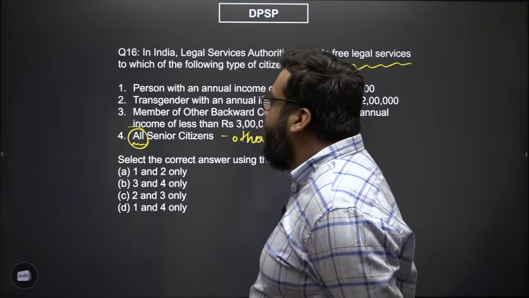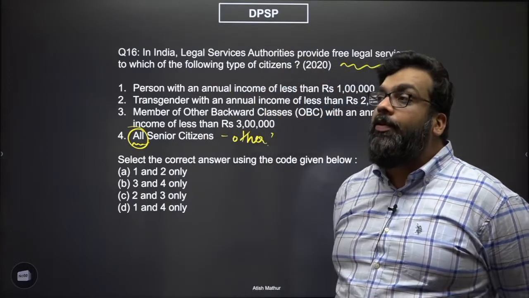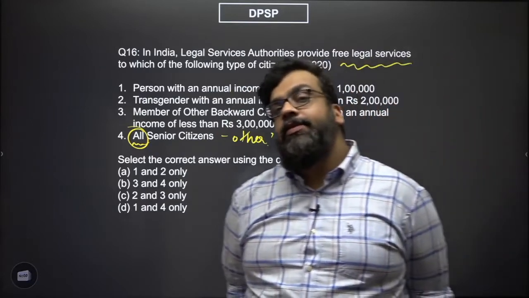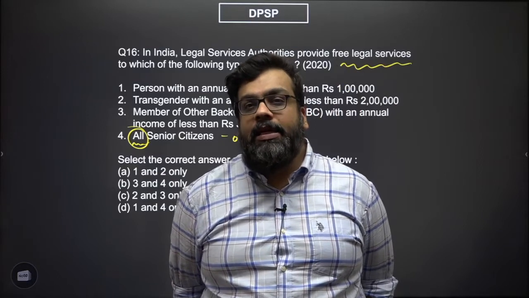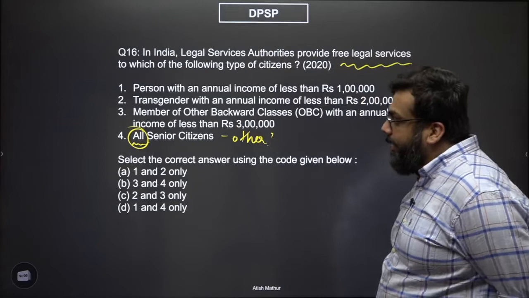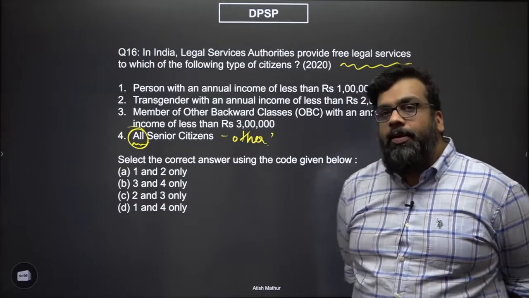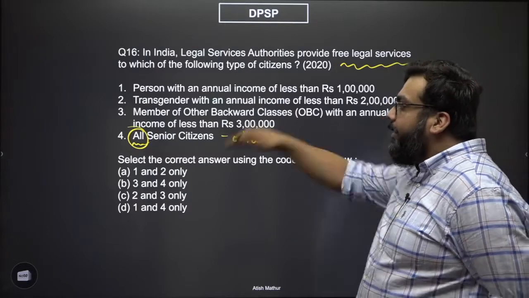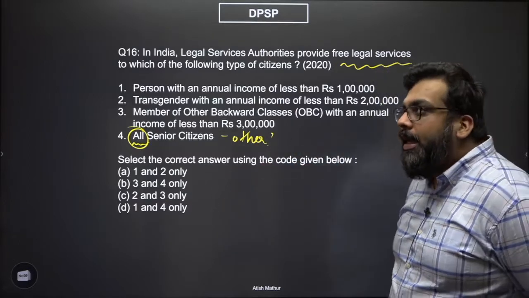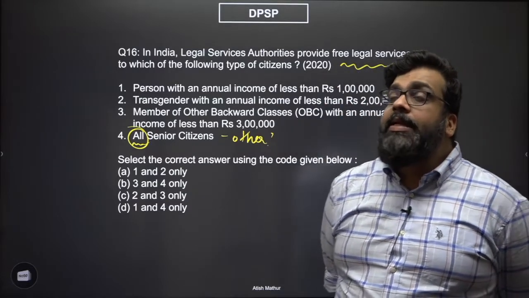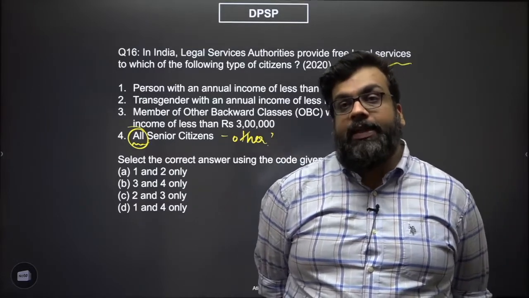You may want to give it to people who are senior citizens but may come from a disadvantaged background, but to give an entire community of senior citizens something completely free sounds a little too expensive and a little too overwhelming. So I would take a guess and I would say, you know what, option number 4 seems odd, because when I compare it to the other benefits given to senior citizens, I can't think of something that senior citizens are given entirely free of cost by the government.